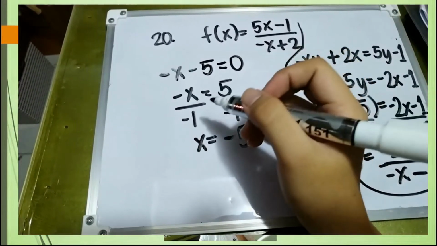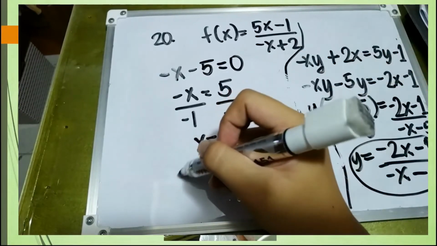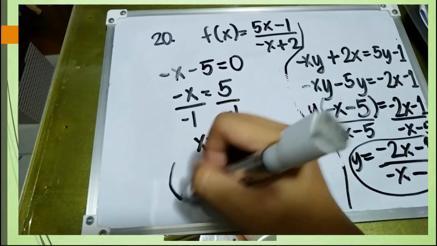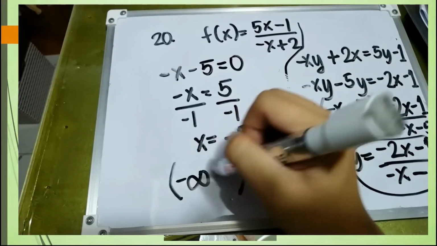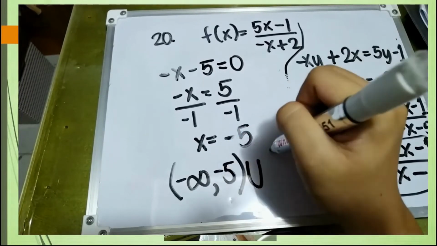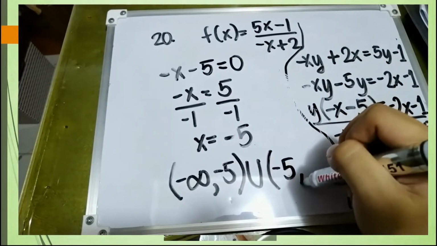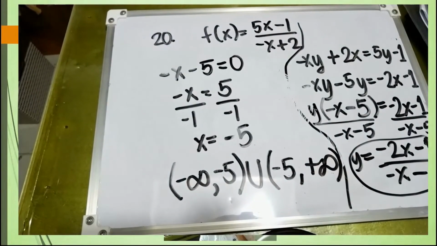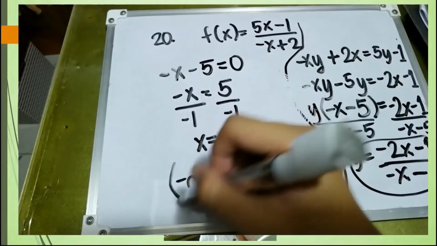So therefore, the domain here, in interval notation, is negative infinity to negative 5 union with negative 5 to positive infinity. So that is the answer.